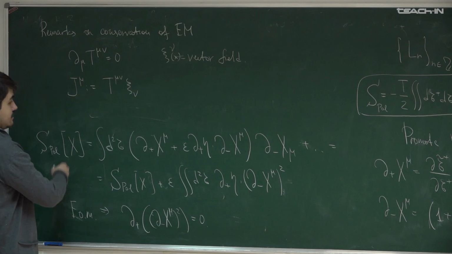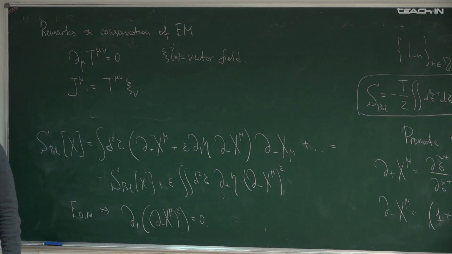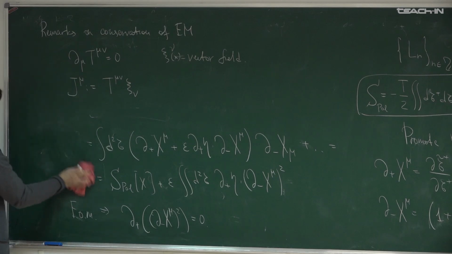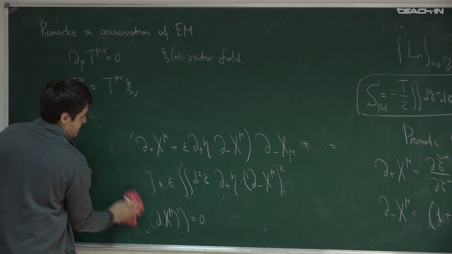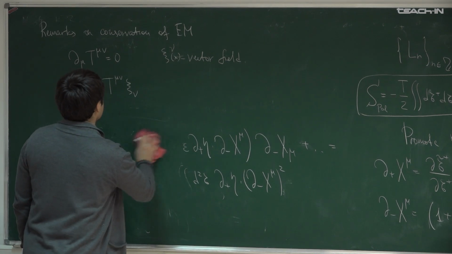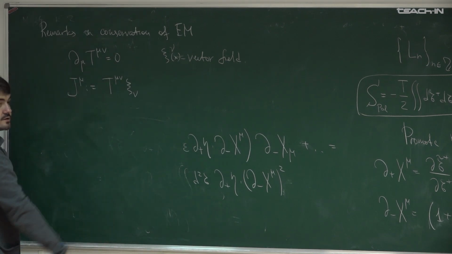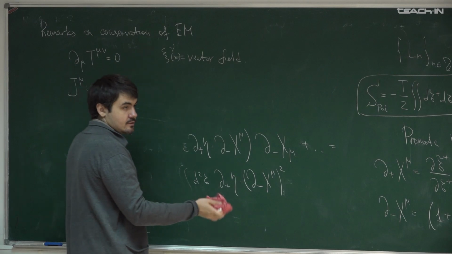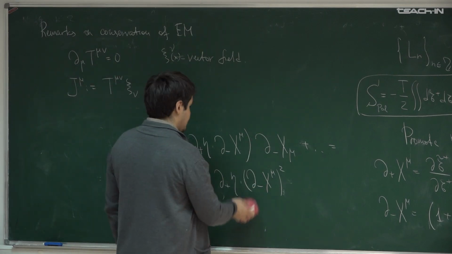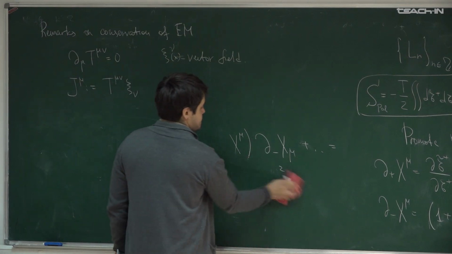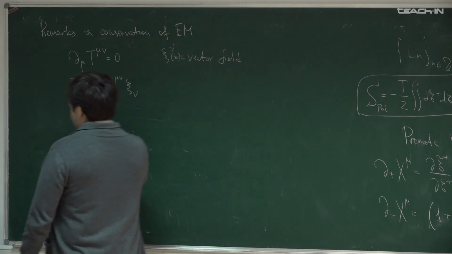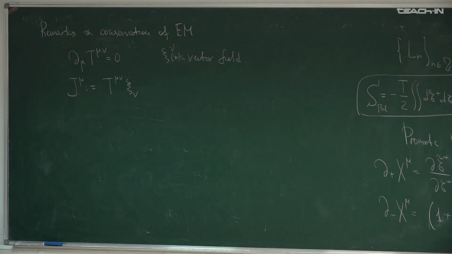And let's check whether this is conserved, or what the requirements are for it to be conserved, because ultimately we want to have a conserved vector field. Then we can derive a conserved charge by integrating the zeroth component.